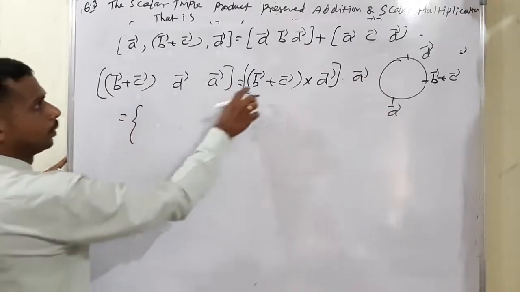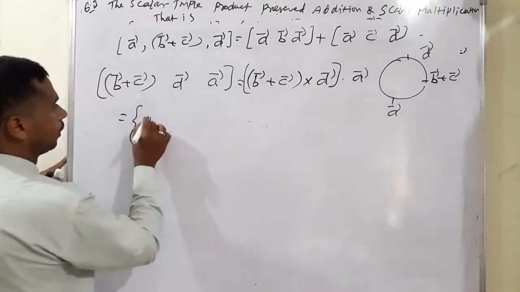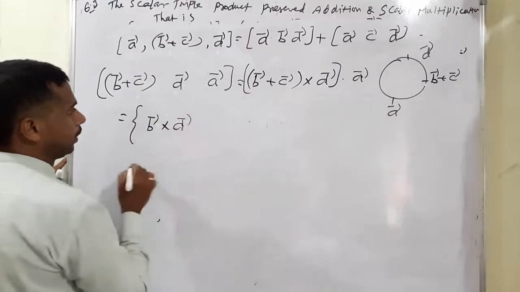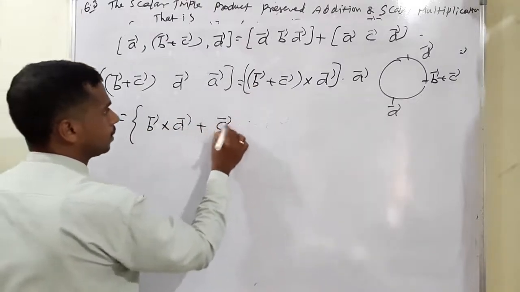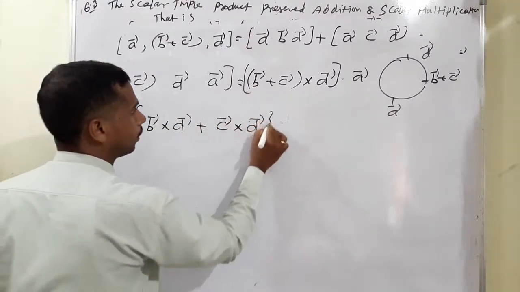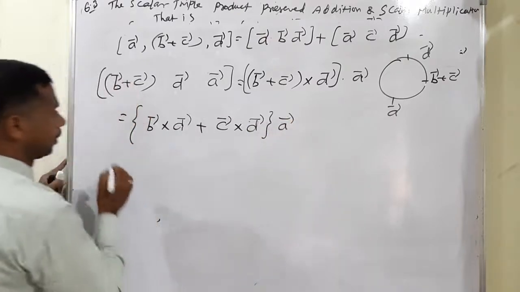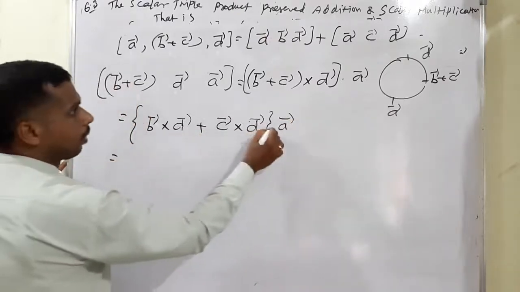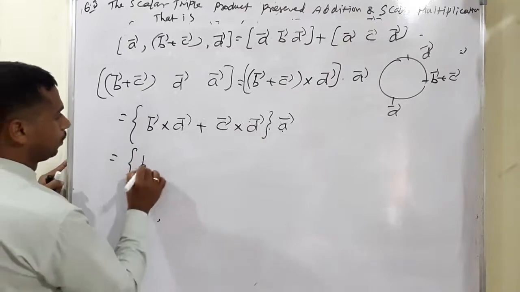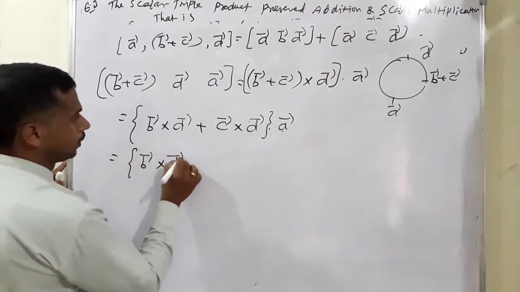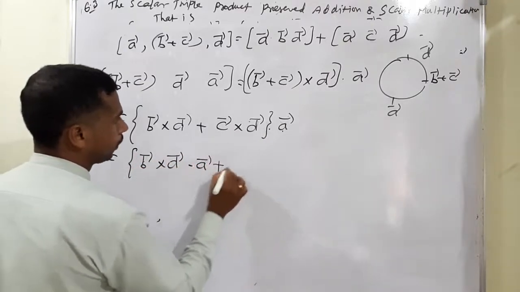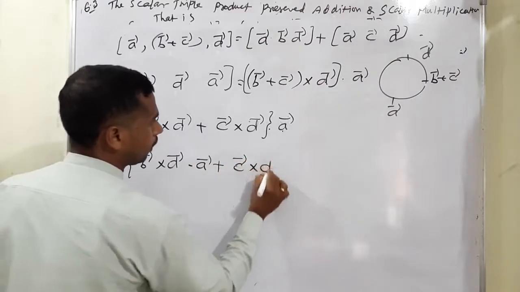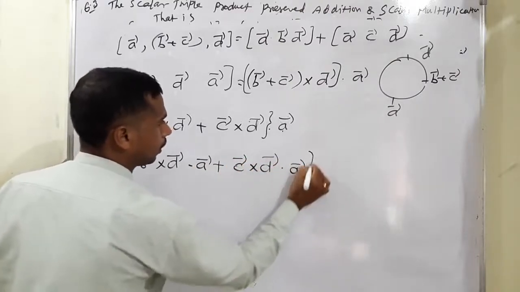Therefore, B vector cross D vector plus C vector cross D vector, with dot A vector each and every time. So B vector cross D vector dot A vector plus C vector cross D vector dot A vector.